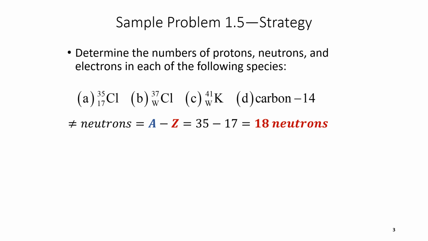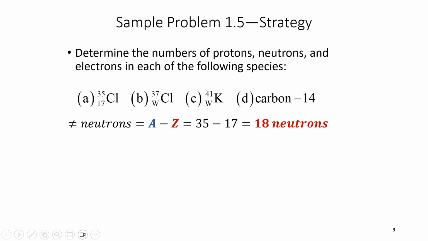Let's look at a sample problem. Determine the numbers of protons, neutrons, and electrons in each of the following species. So let's talk about A. We have chlorine, 35 and 17. Note that the top number is A, the mass number, the bottom is Z, the atomic number.